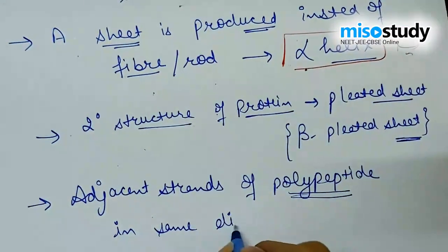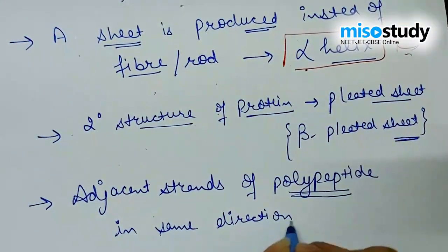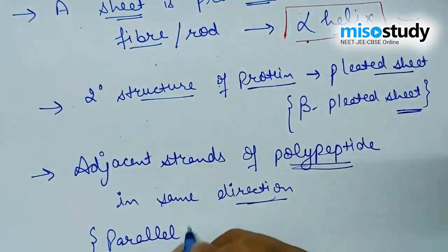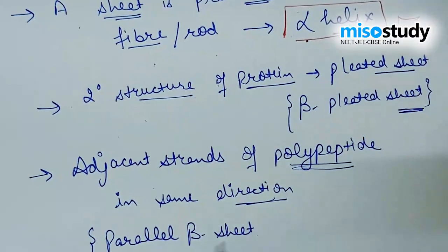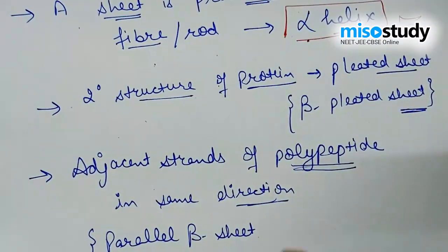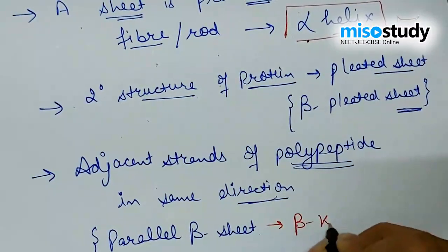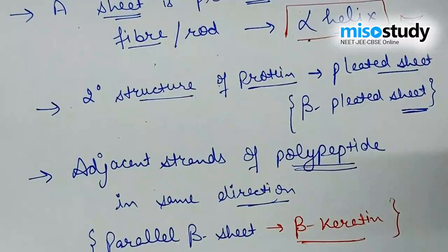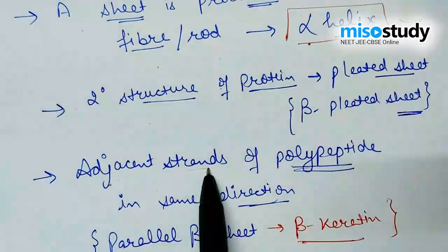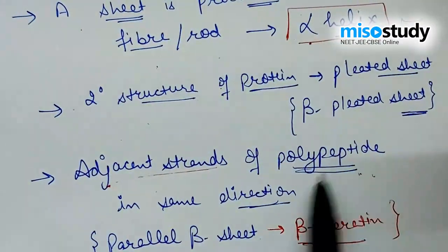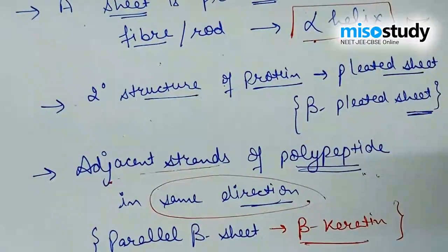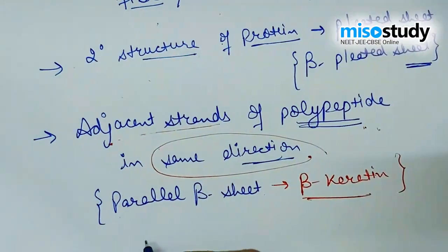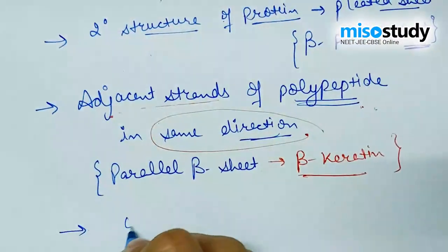If they run in the same direction, they are known as a parallel beta sheet, and the example of parallel beta sheet is beta keratin. In the next case, the adjacent strands of polypeptide run in the opposite direction.